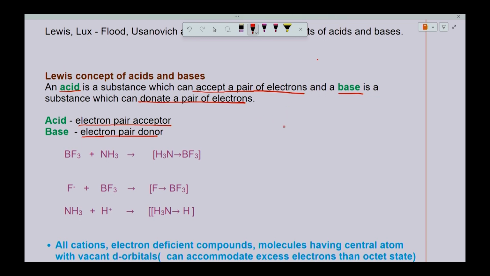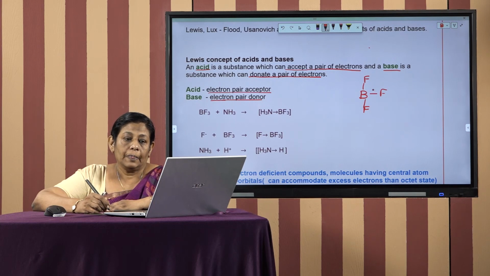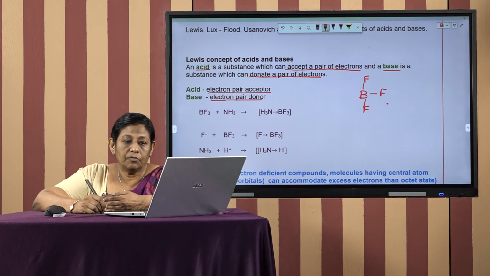Boron trifluoride is electron deficient, because bonding with 3 fluorine atoms, boron has 3 electrons and 3 electrons come from the fluorine atoms, so altogether you have 6 electrons, and therefore boron lacks 2 more electrons to form an octet. Therefore boron trifluoride is an electron deficient compound.